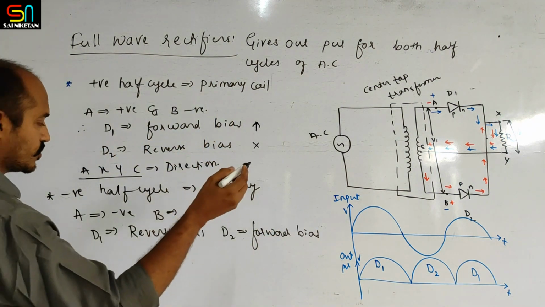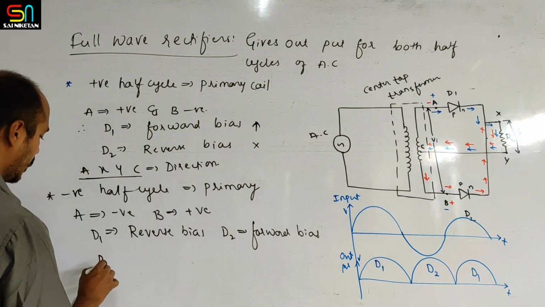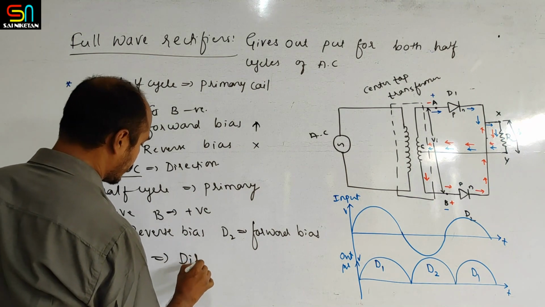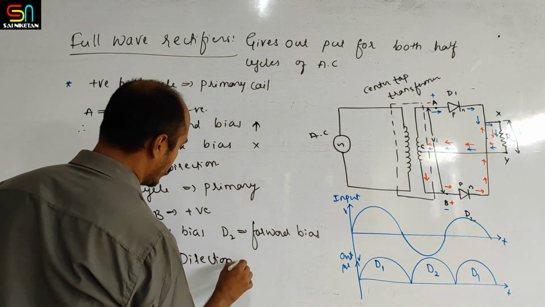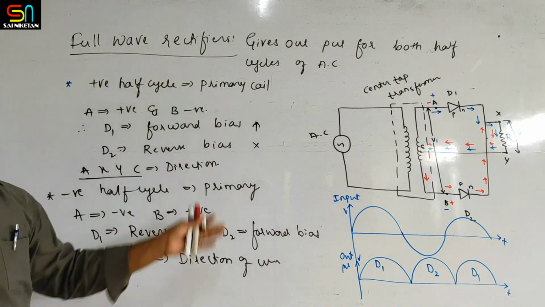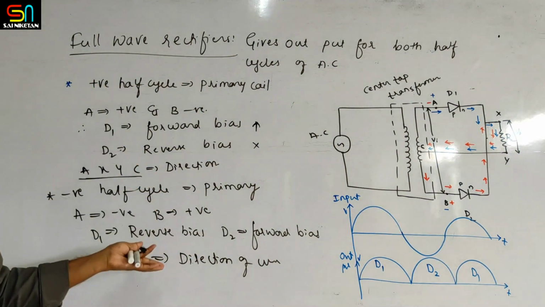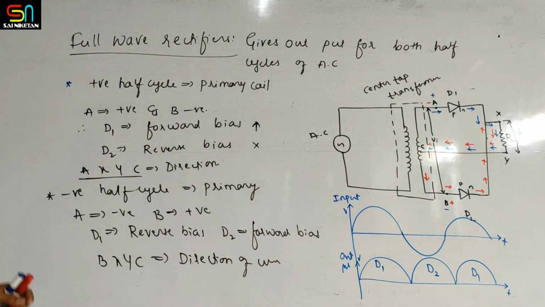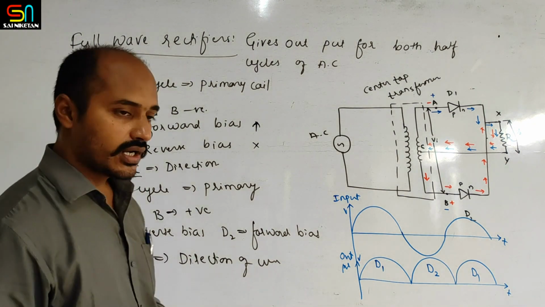Hence the current flows in the direction of B, X, Y, C. So these are the key points. You can add these key points while writing the notes. Just take a screenshot so that you can write the notes. Hope you have taken it.